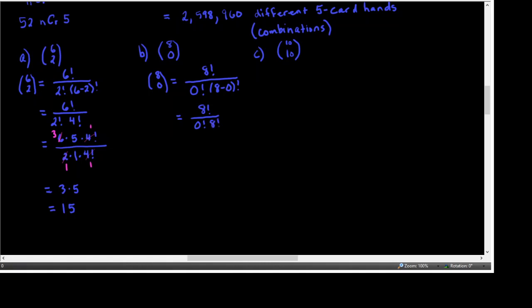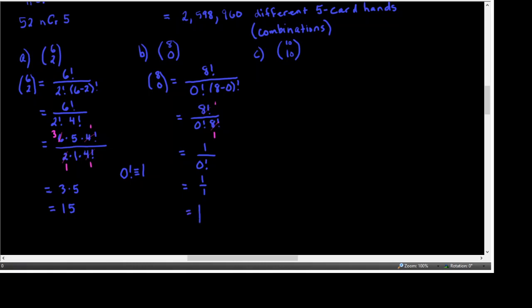And you probably see that the 8 factorials cancel, leaving 1 over 0 factorial times 1, which is 0 factorial. Now, I think I said this a few sessions ago, but 0 factorial is defined to be 1. So that's 1 over 1, which is 1.